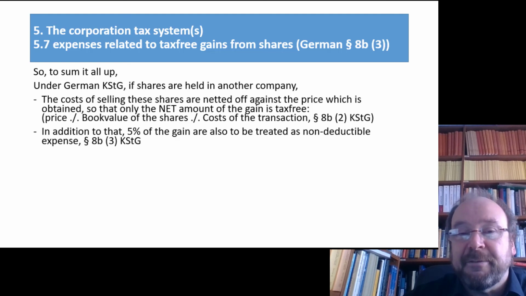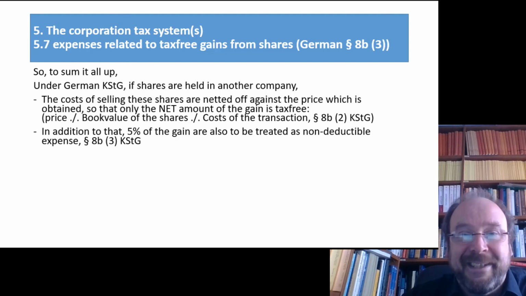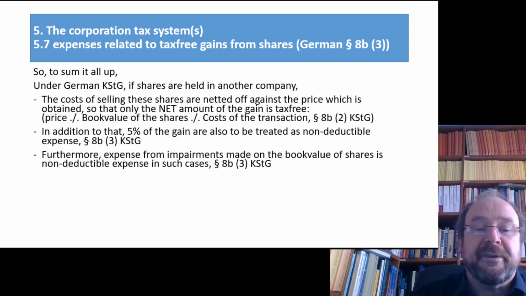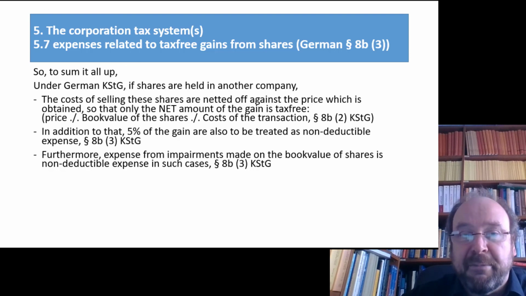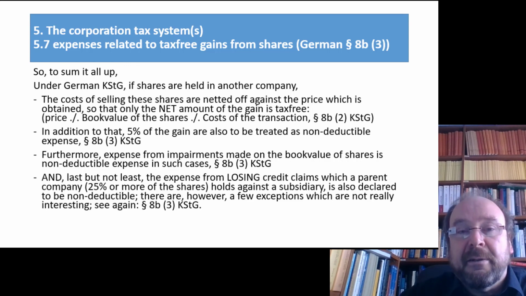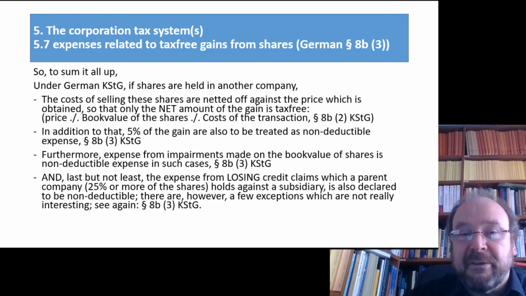That is a compensation for all the 5% lump sum for current expense which did not take place in the former years. And furthermore, expense from impairments is not deductible. And last but not least, strangest of all, if you lose a claim from a credit, a financial claim against your own subsidiary company, then that can be non-deductible expense under 8b3.